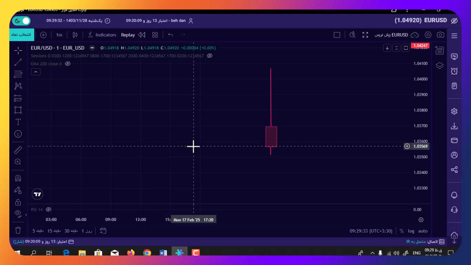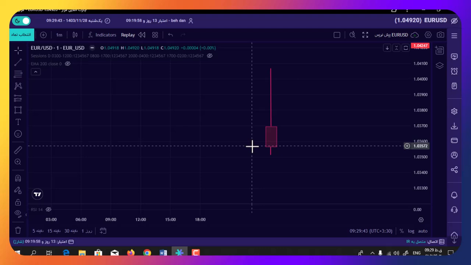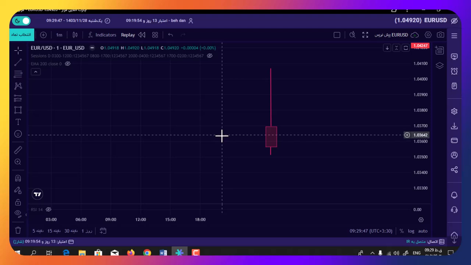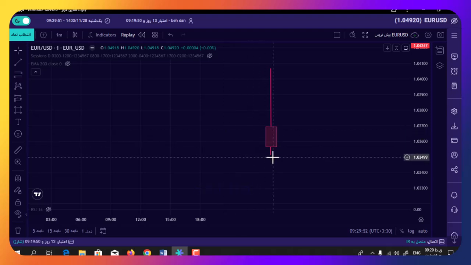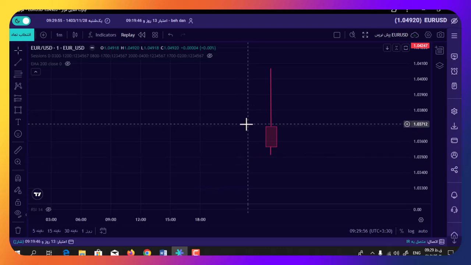This pattern is the exact opposite of the hammer. It has a long upper shadow, at least twice the size of the body. The lower shadow should be small or ideally non-existent.